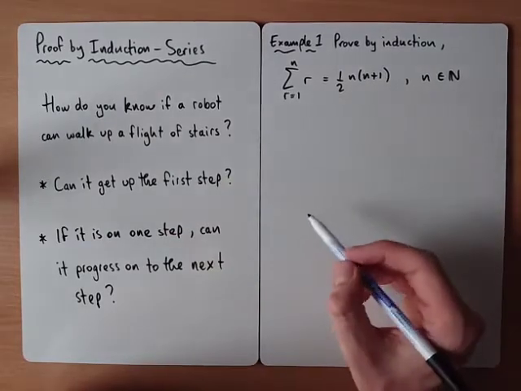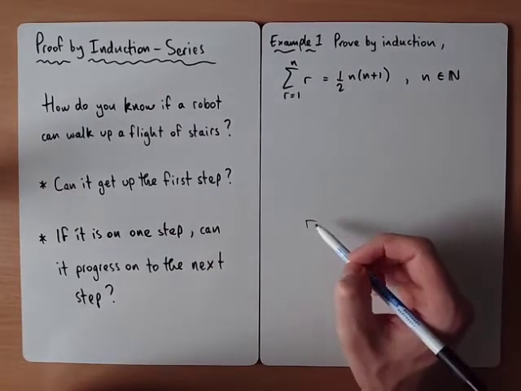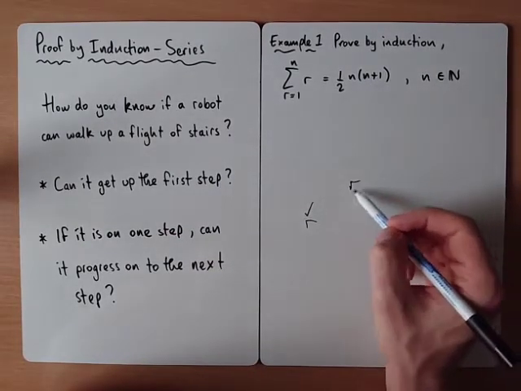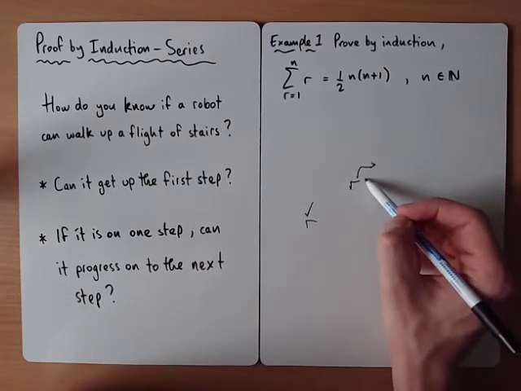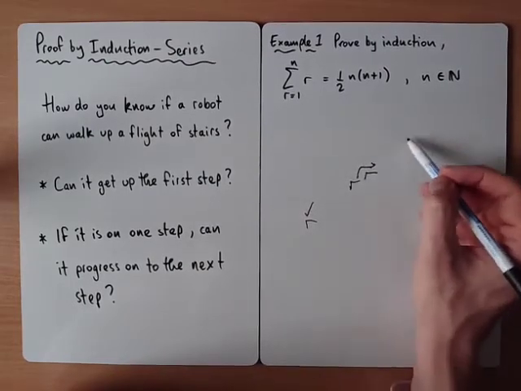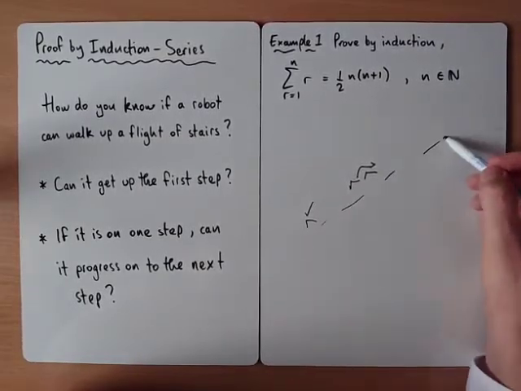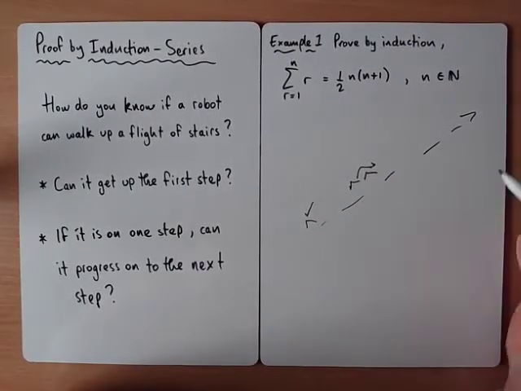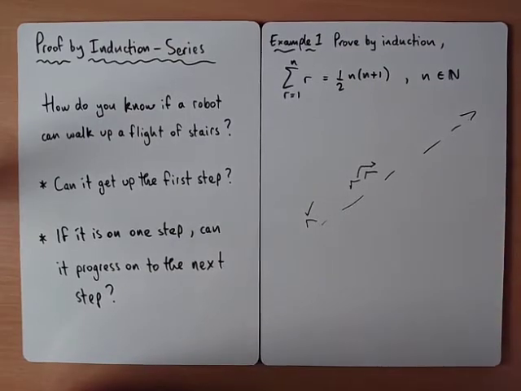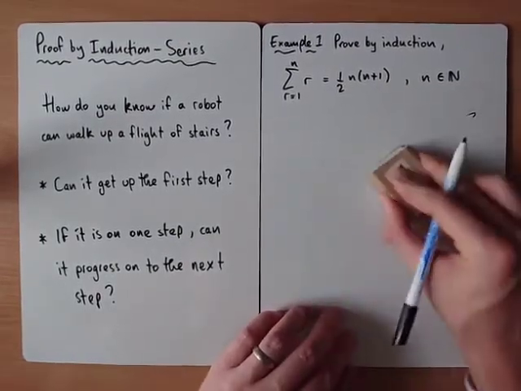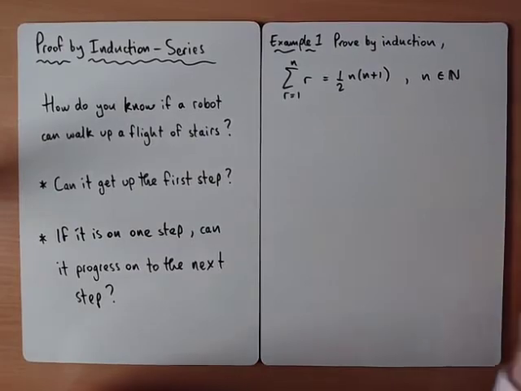This is just an analogy, but can it get onto the first step? And then if it's on a random step, could it get onto the next step? As long as it can do those two things, that's going to allow us to climb this staircase as far up as we want. Which is sort of like what we're doing with these proofs. You'll see what I mean in a second.